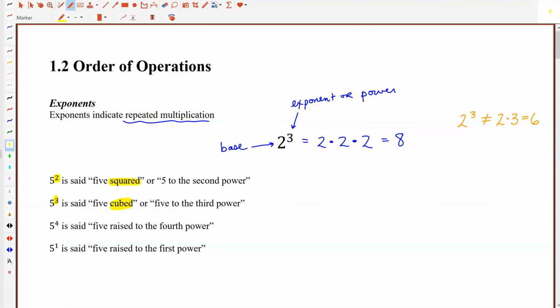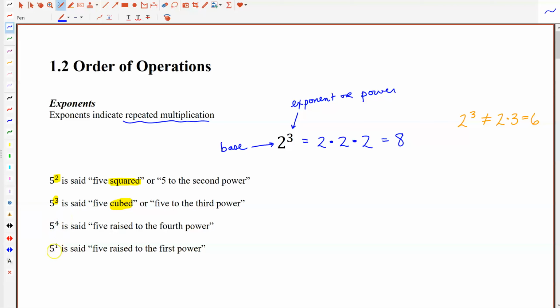We won't get into exactly what that connection is, but those are the ones that are said specially. So 5 with a little 2 is either 5 squared or 5 to the second power. 5 with a little 3 is either 5 cubed or 5 to the third power. Any other exponent, we just say to the whatever power. So 5 with a little 4 is 5 raised to the fourth power.